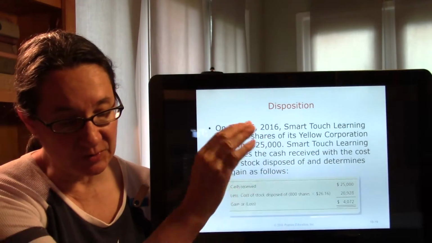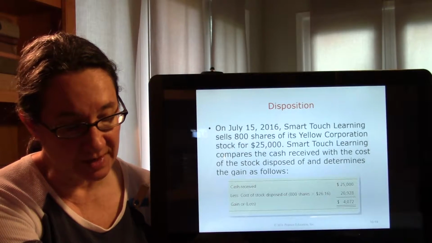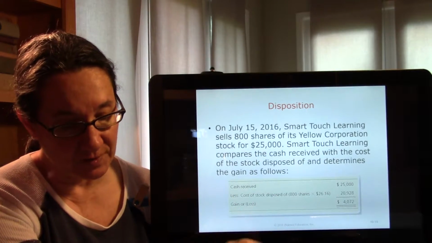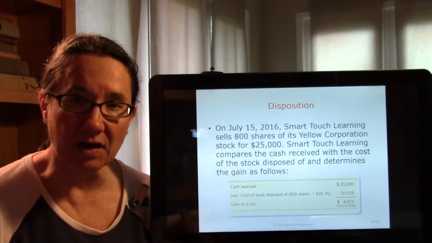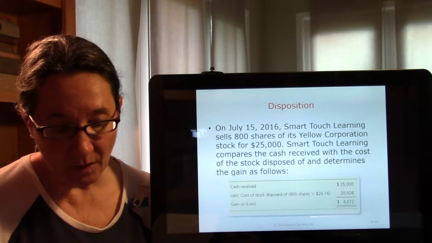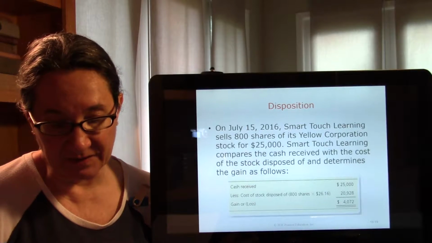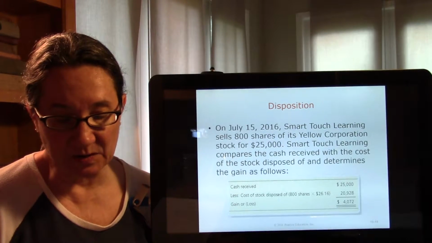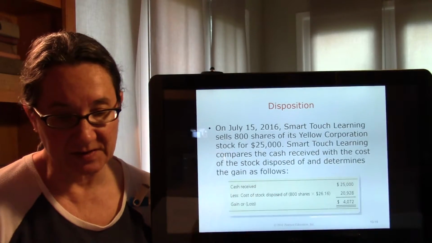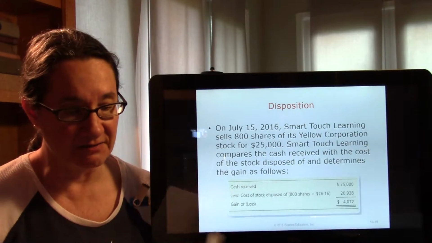The difference between $25,000 and $20,928 means they gained $4,072. We don't call that revenue, we call it a gain. So in this case, the gain is $4,072.